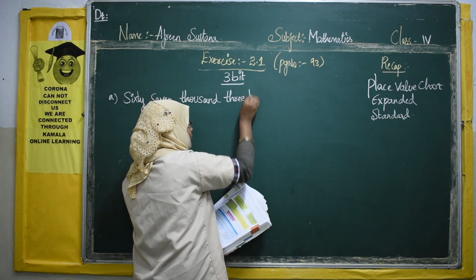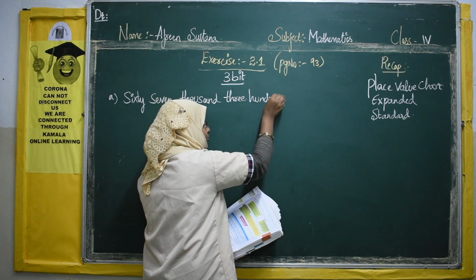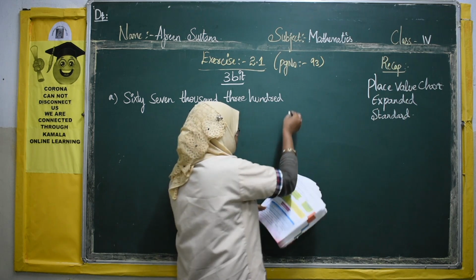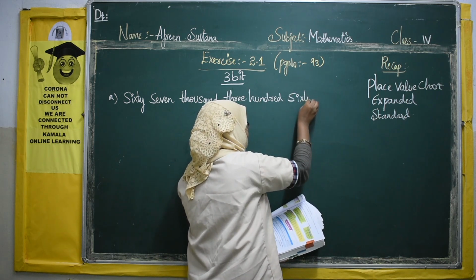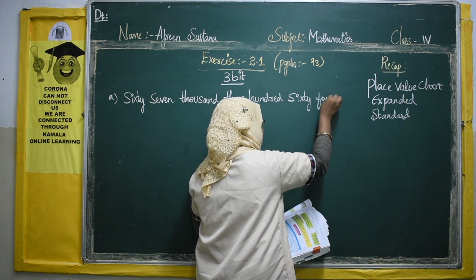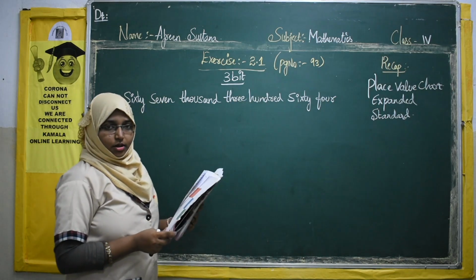300. 64. This third bit you can do in your turbo code.